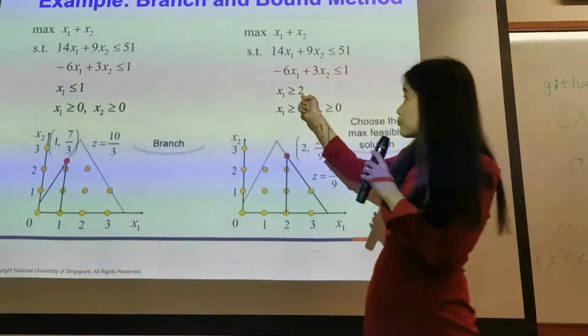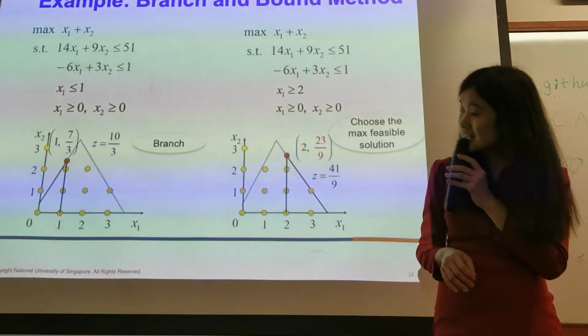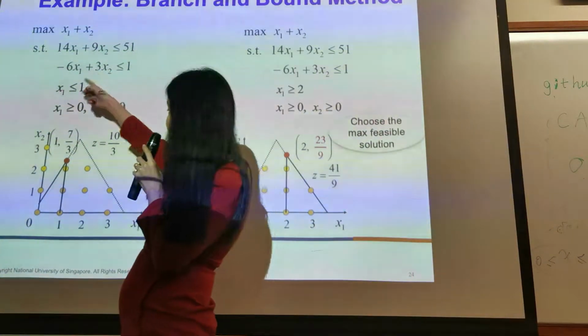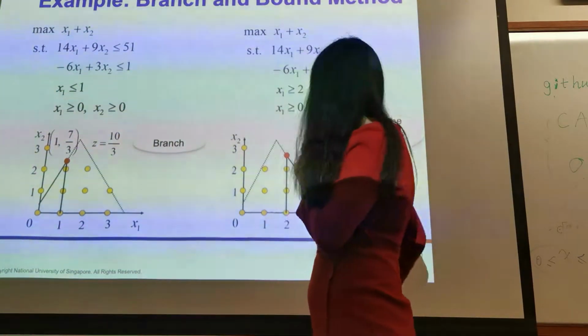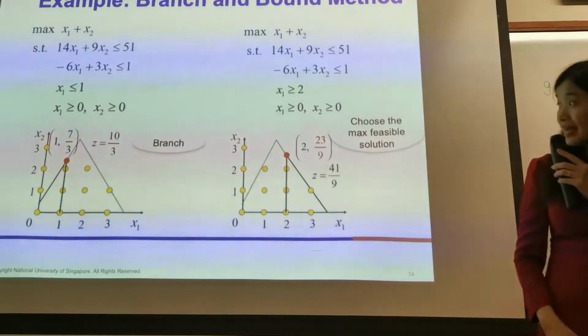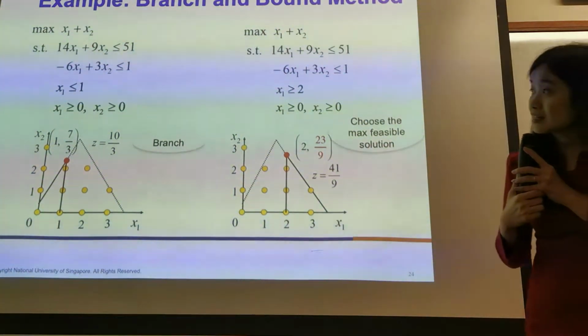So this is my first branch based on x1. This is the computing process. I then solve this LP problem, and again find my solution. Here I got x1 at a solution of 1 and x2 of 7 over 3.